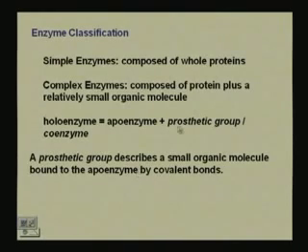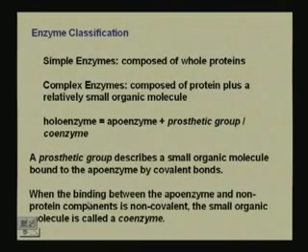So, if you have a holoenzyme that contains a prosthetic group, then it is attached to the apoenzyme by covalent bonds. In contrast, when the binding between the apoenzyme and the non-protein component is non-covalent in nature, it is called a coenzyme. That is the difference.